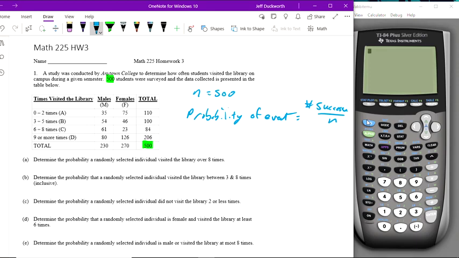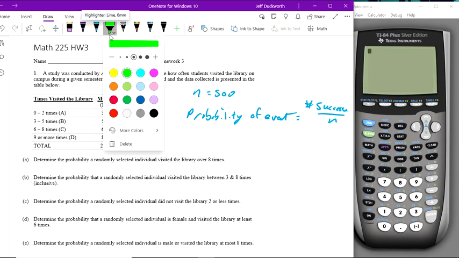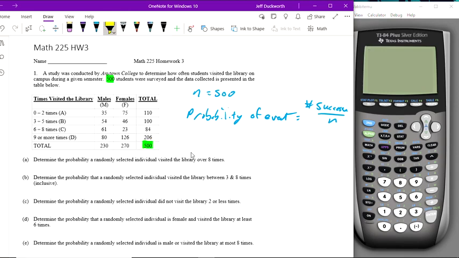Now let's see. Part A, determine the probability a randomly selected individual visited the library over 8 times. So more than 8. More than 8 is, well, 9 is more than 8. And this is only one column, so 206 over that 500.